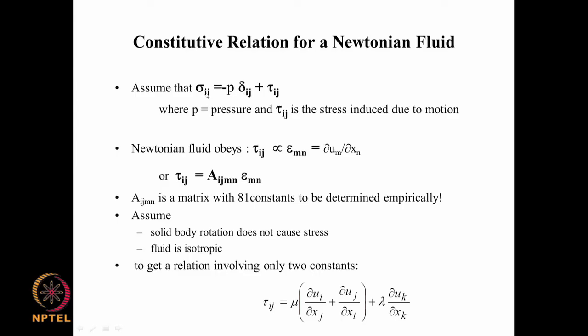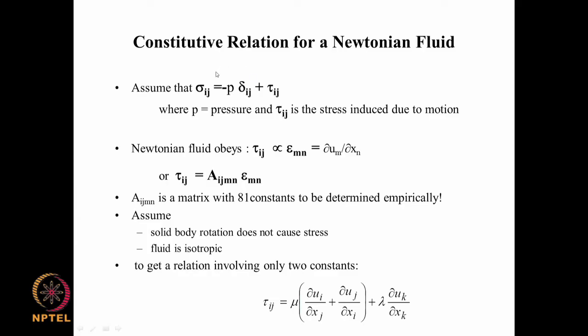So, that means that if you put sigma xx, i equal to x and j equal to x, this will take a value of 1. So, sigma xx will be equal to minus p plus tau xx, but if you say sigma yz, then i equal to y and j equal to z. So, this becomes delta yz, and i is not the same as j, so this will be equal to 0. So, sigma yz is equal to tau yz, but sigma xx is equal to minus p plus tau xx.